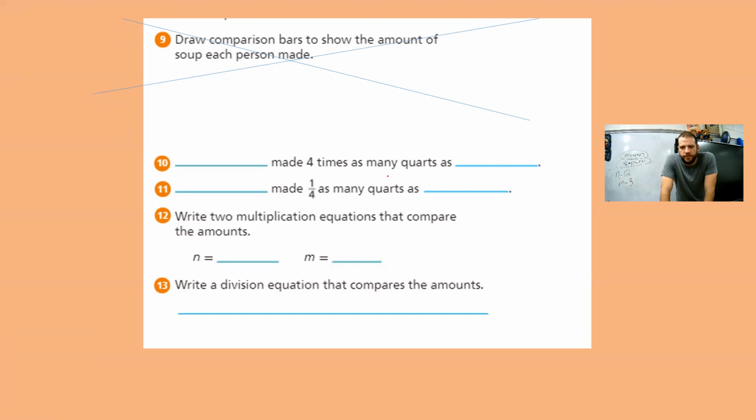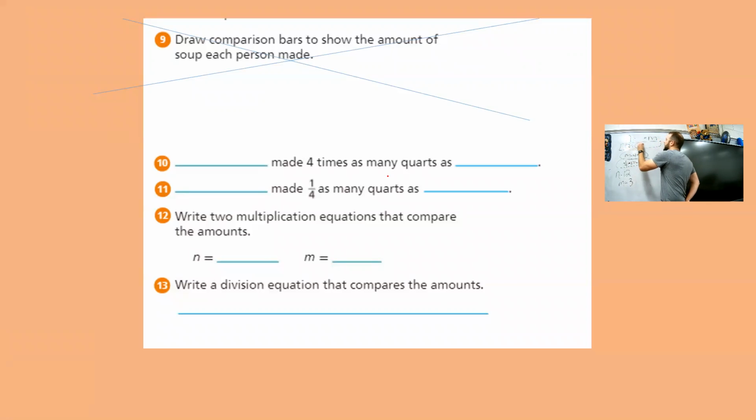Number 13, write a division equation that compares the amounts. Okay, so who has more? Natasha. So couldn't you say Natasha divided by blank, so we don't know blank yet, equals Manuel? Well, think about it like this. Don't write this part, but let me just show you. Natasha equals 12.